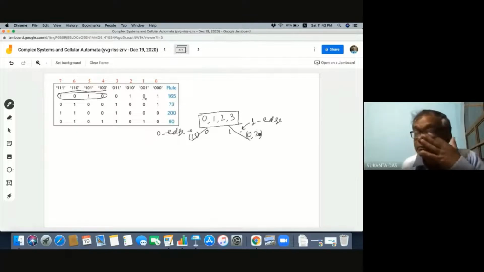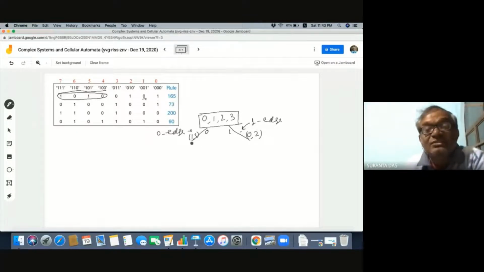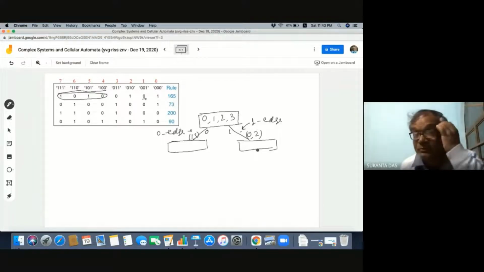Again this level is a set. Now I have to get the next nodes. How do we get them?